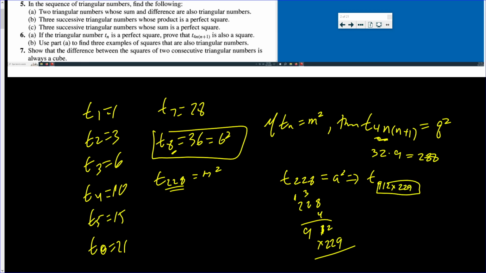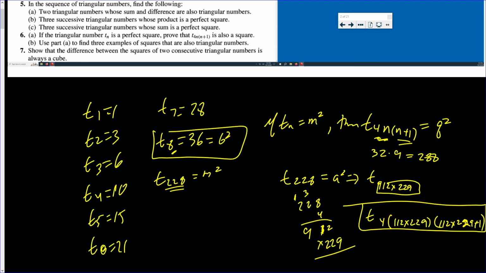Now you can take that number for n, and T sub 4 times that number times one more than that number is another triangular number that is a perfect square. So here's one number, here are 2 numbers, and here are 3 triangular numbers that are perfect squares.